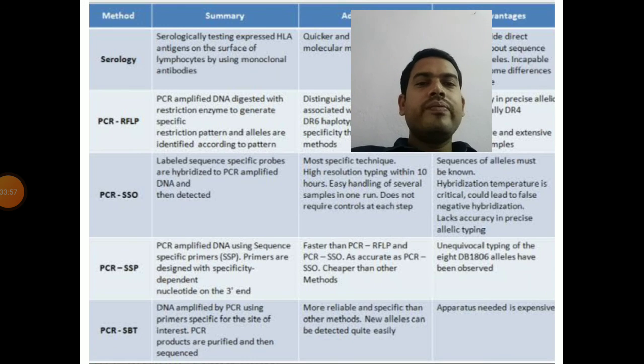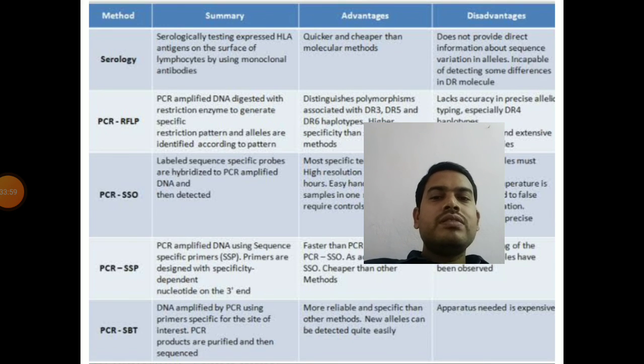So this is how we use the molecular methods for the process of HLA typing of the alleles of HLA, and then transplant the organ from donor to recipient.